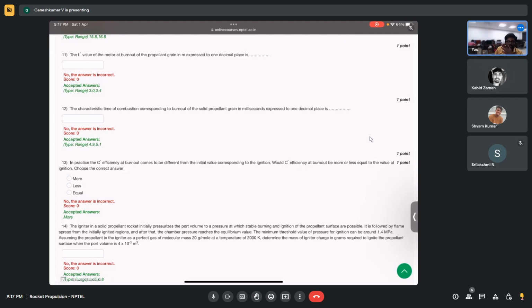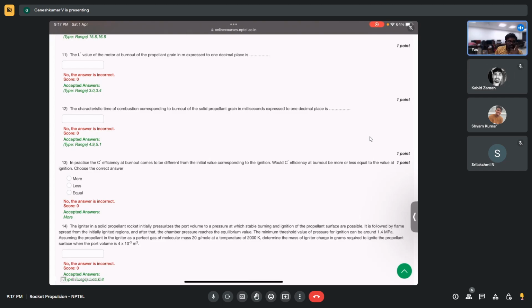But whatever I observe, because I also work in solid propulsion systems, whatever happens after the equilibrium, the C star almost remains constant. But before it attains equilibrium, the C star efficiency is going to be poor.